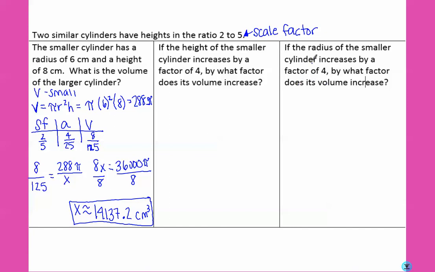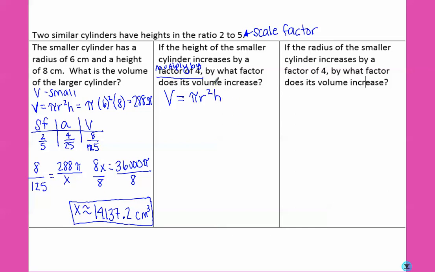If the height of the smaller cylinder increases by a factor of 4, which means we're multiplying by 4, by what factor does the volume increase? Volume is equal to pi r squared h.